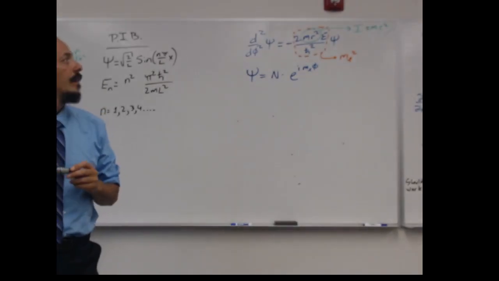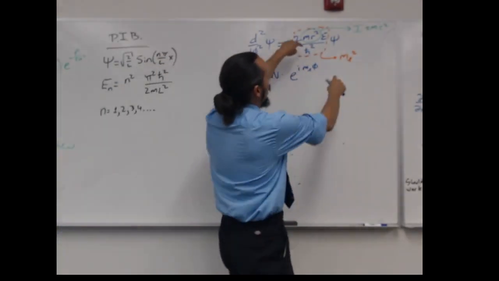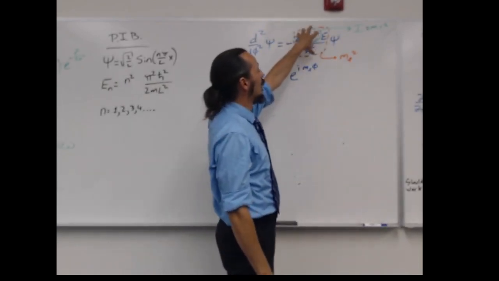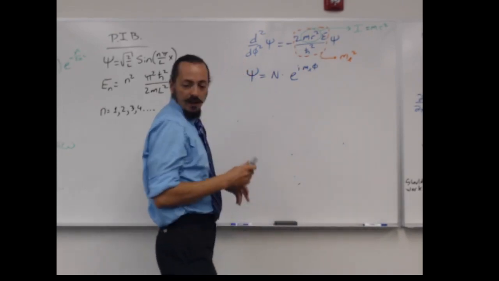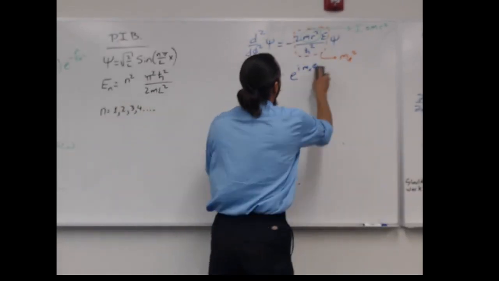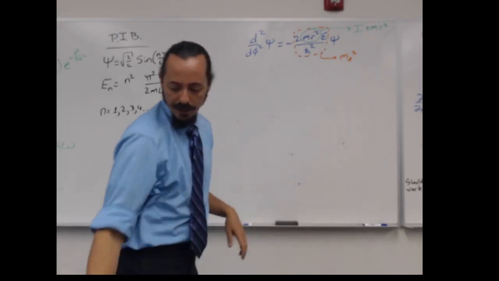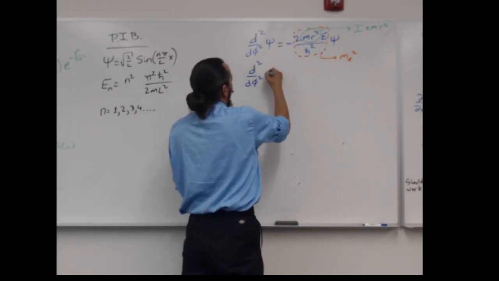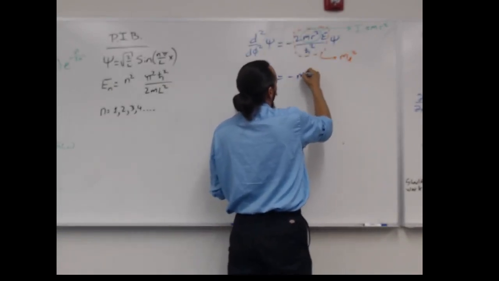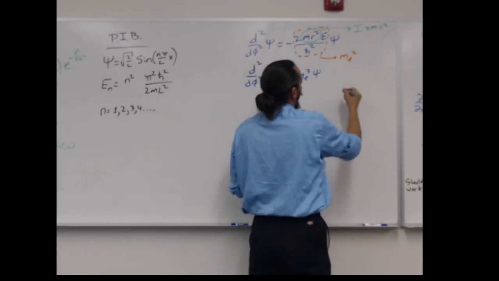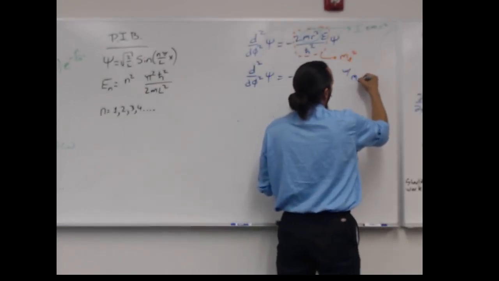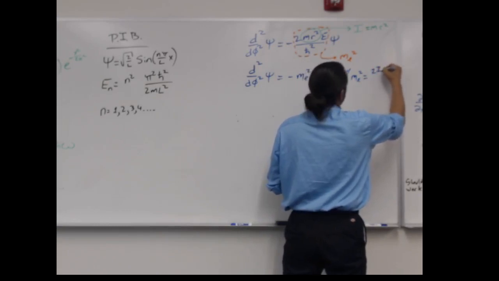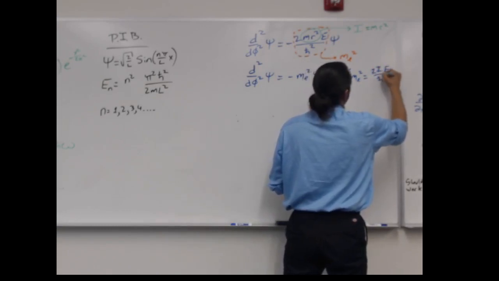Question? Where did the big I go? The big I is tucked inside of the m sub l. Right? So the m sub l includes that big I inside of it. Let me rewrite this two different ways. So we would essentially write this as d squared by d phi squared of psi is equal to negative ml squared of psi, with m sub l squared equal to 2 I E on h bar squared.